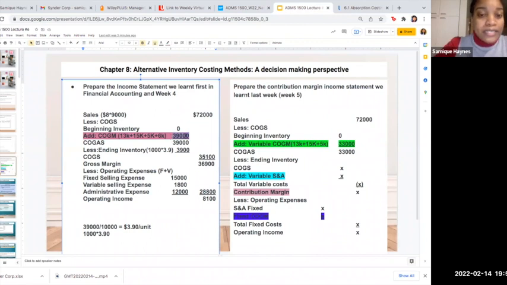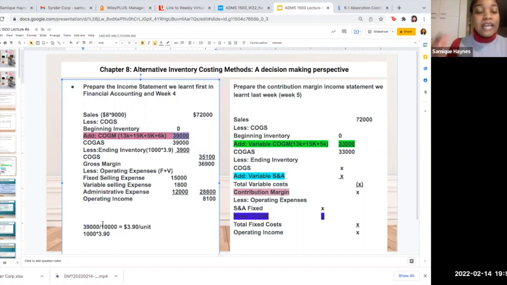Now, that's the total cost of manufacturing our finished goods. But if we want to figure out how much it cost us to manufacture only 1,000 of the goods, we need to know the cost per unit. We know the total is 39,000, but to find the cost of one, we divide the $39,000 total cost of manufacturing by the number of units we produced in all.